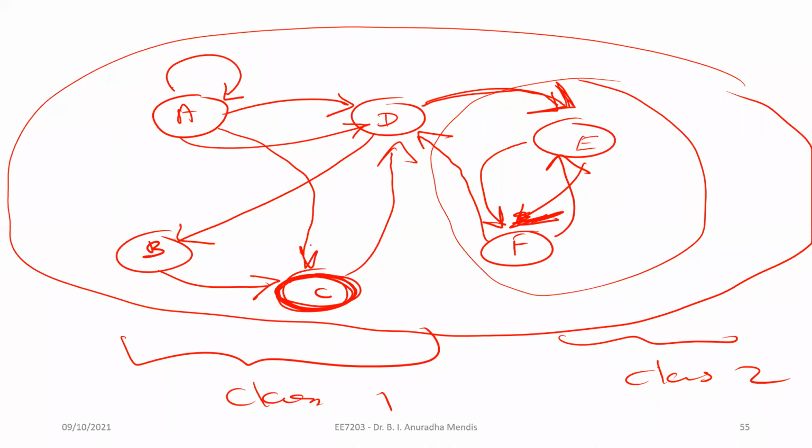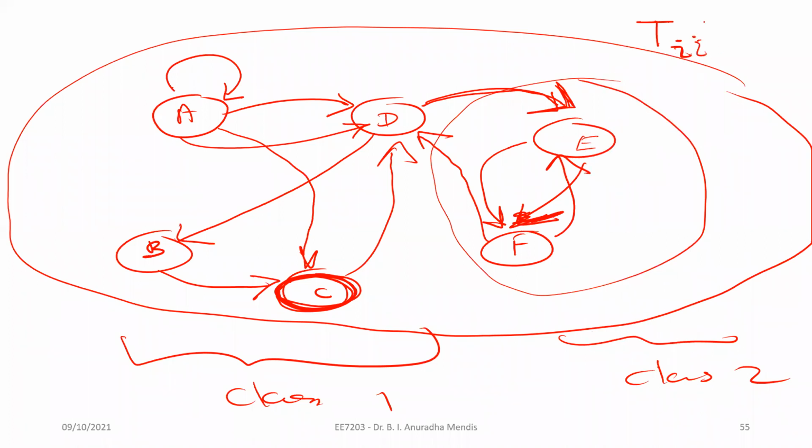Somehow after some time you have to return to that state. That time we call T. Generally, I mentioned state I, not C. Any state I. From I, you want to come again to I.